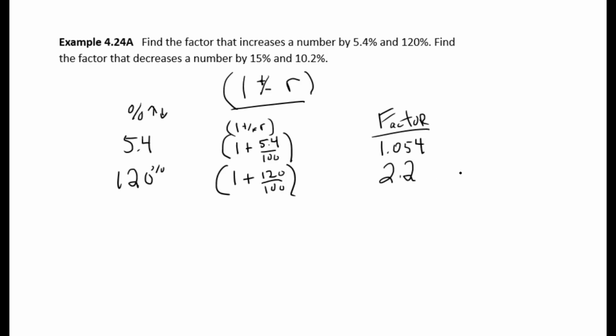Now if I were to ask you, for instance, to take the number 50, and we did this in the last slide, and increase it by 10%, that would be 1 plus 10 over 100. Put that in my calculator, and I get 1.1.